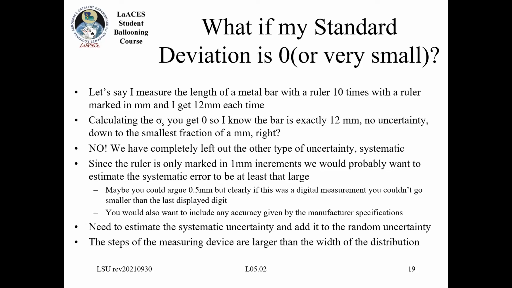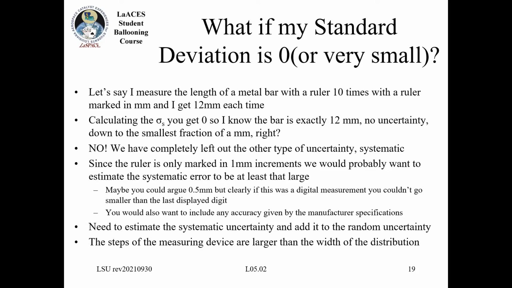So you have to not only calculate your standard deviation and your random error, you also have to come up with some estimate of your systematic error and add it to the random error, because they're both contributing to the total error.